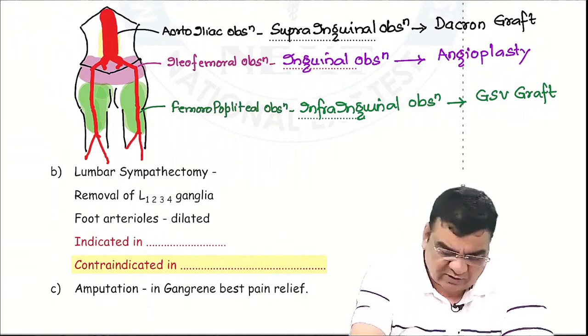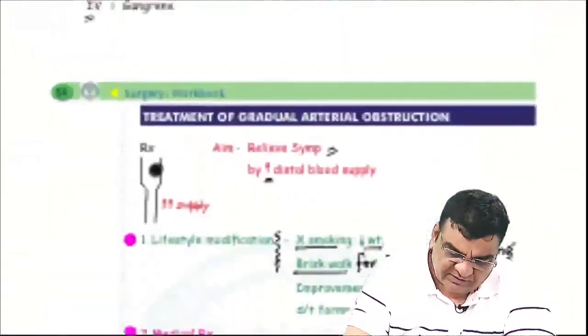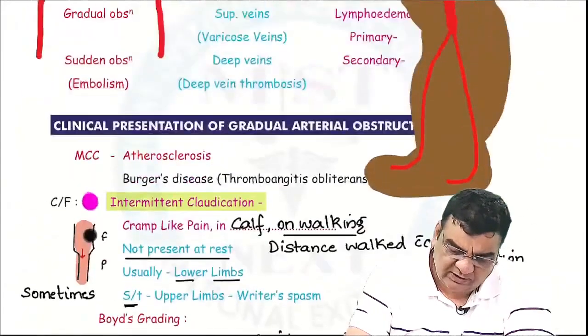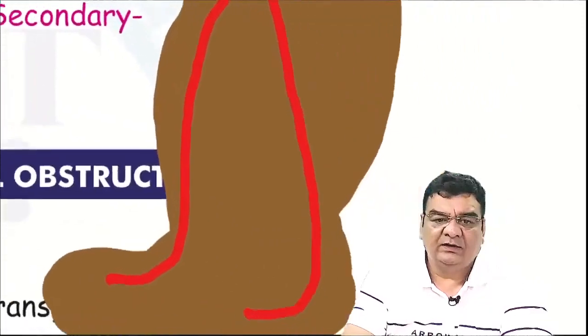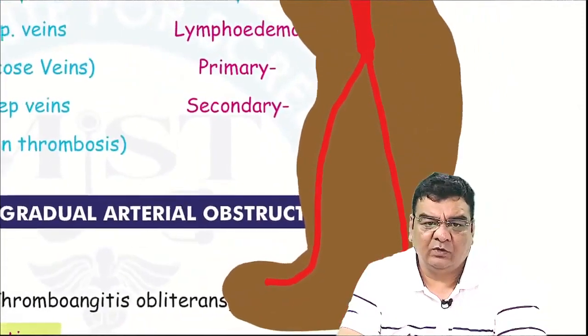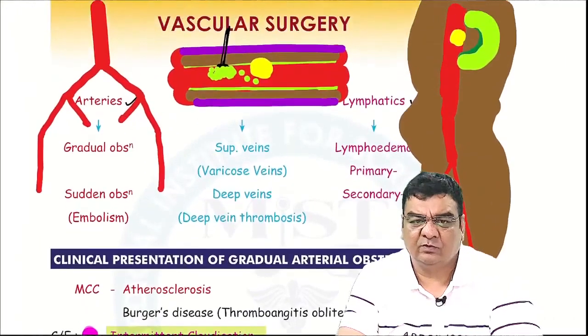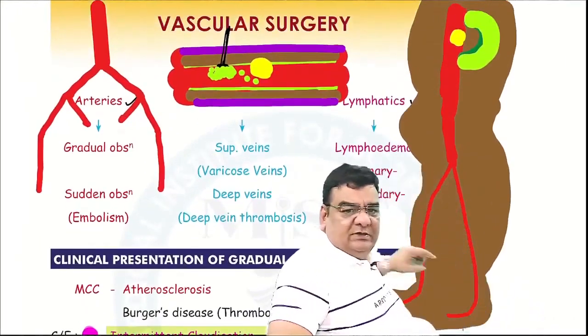Suppose we talk about a Buerger's disease patient. Buerger's is seen only in smokers, and this is a disease of small to medium-sized vessels.